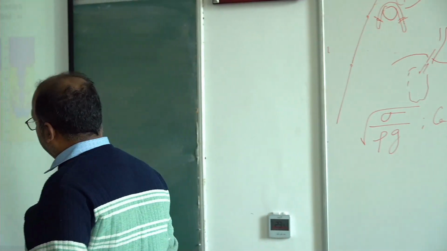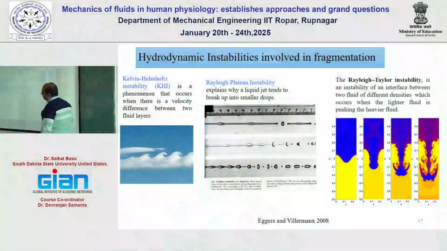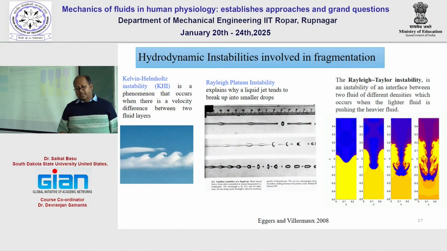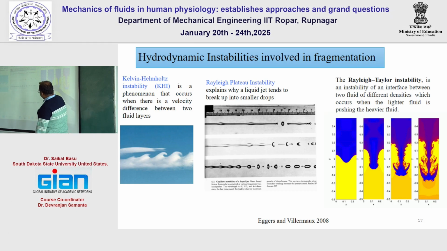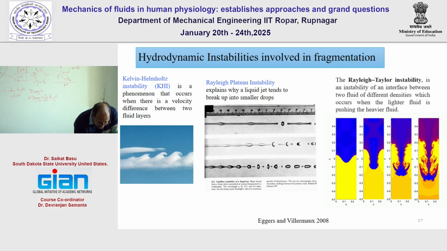What this review paper by Eggers and Villermaux suggested is that the fragmentation process is obviously a complicated process, and it is a combination of all these three hydrodynamic instability processes. So much more you can read individually about the hydrodynamic instability regimes.